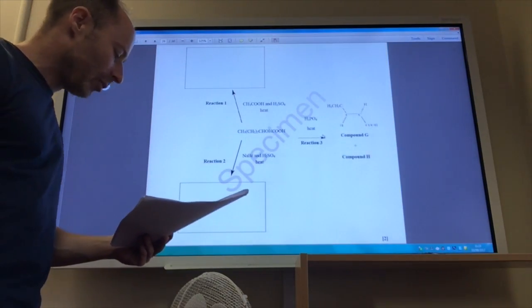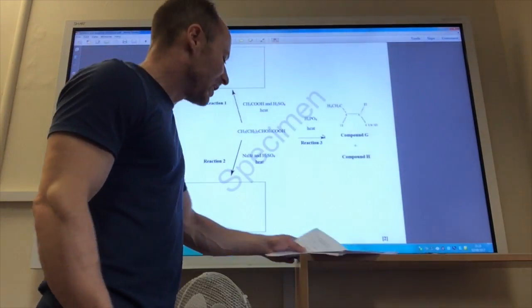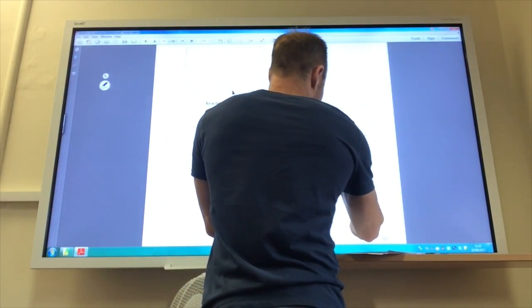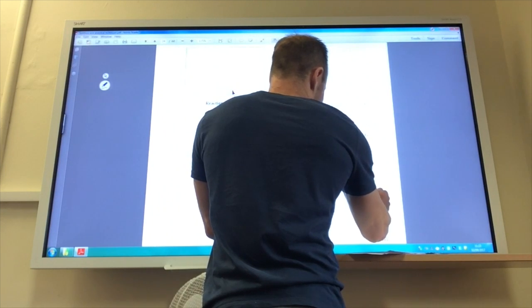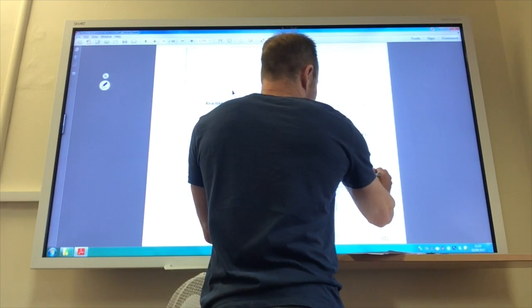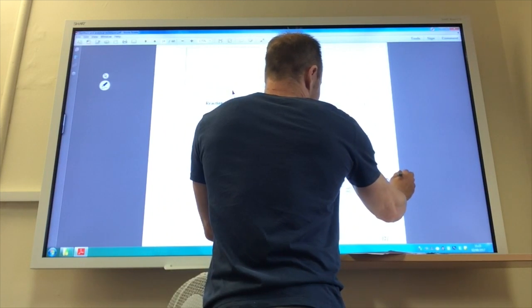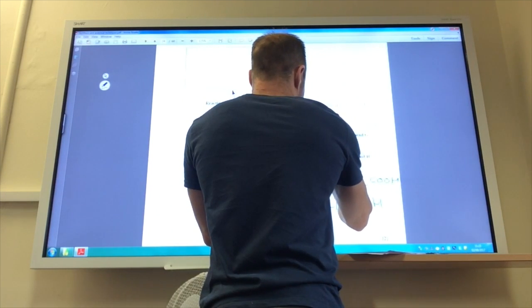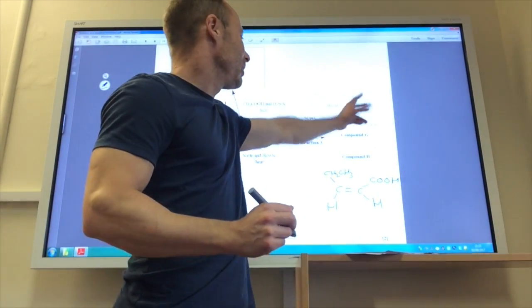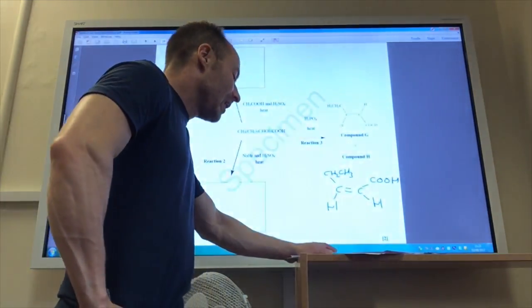It wants me to now draw compound H, which is an isomer of compound G. So I'm going to draw the Z isomer now. So I'm going to move my two hydrogens down below, and then this will be CH2, CH3, like so. So I've just swapped those two around.